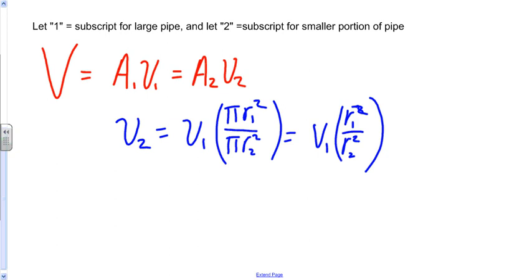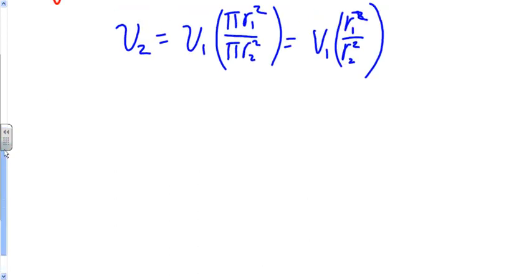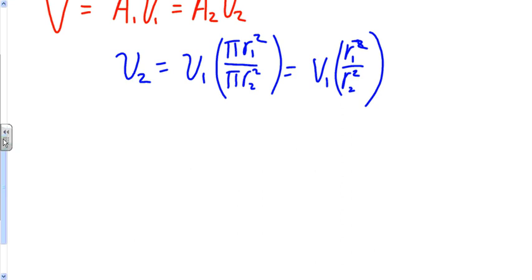Now what I want to do is go ahead and write the full Bernoulli equation, and then I'm going to eventually plug in my solve for V2 and see what happens.